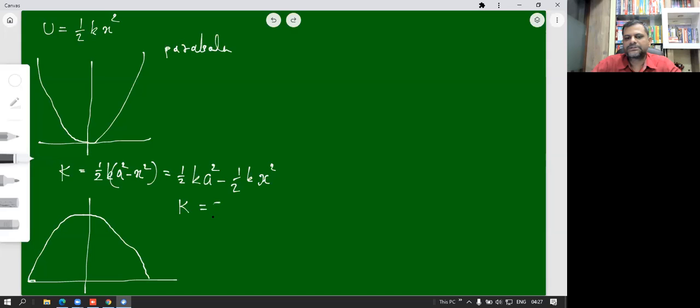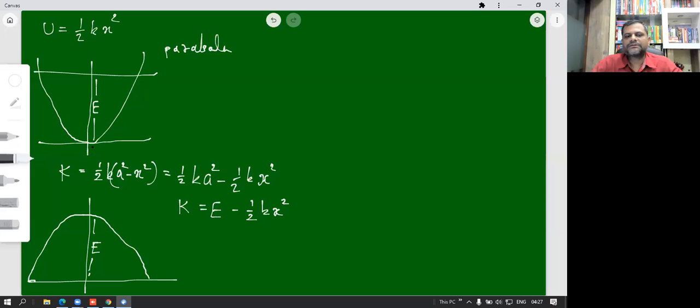Capital E, that is the total energy in SHM, minus half k x square, and hence we can get this simplified as K is equal to E minus something into x square. That means it is going to be an inverted parabola, and this distance is actually going to be E here, remember. And also in this case this distance is going to be E here, the maximum potential energy which is going to be E.